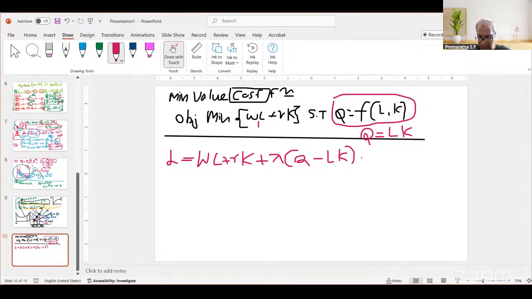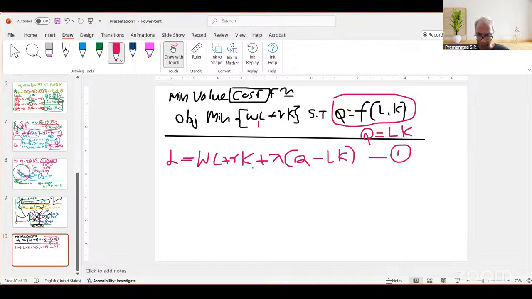Any number of constraints you can add, but in microeconomics theory I take only one constraint. Maybe in macroeconomics you have learned adding many constraints, especially when you learn monetary policies or budgetary policies. And so this is the Lagrangian equation.